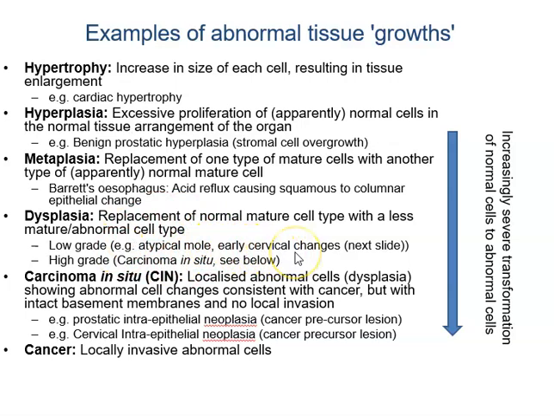Similarly, as we'll see on the next slide, early cervical changes after infection with human papillomavirus will be classed as low-grade dysplasia. Then a high-grade dysplasia is where the cells are still in the right arrangement, but they look really, really poorly differentiated. They look nothing like the mature cell type, and we'll see that on the next slide.